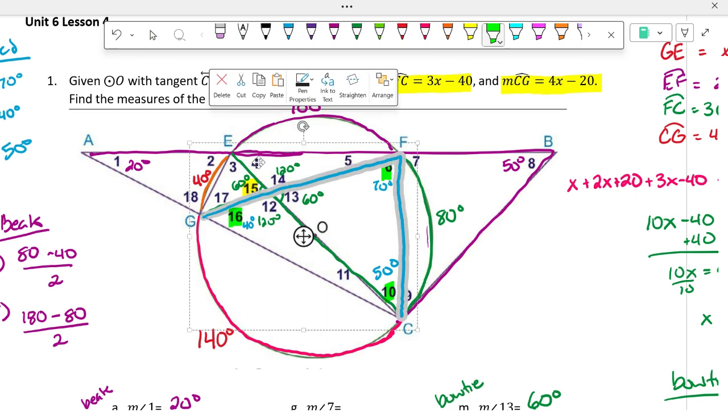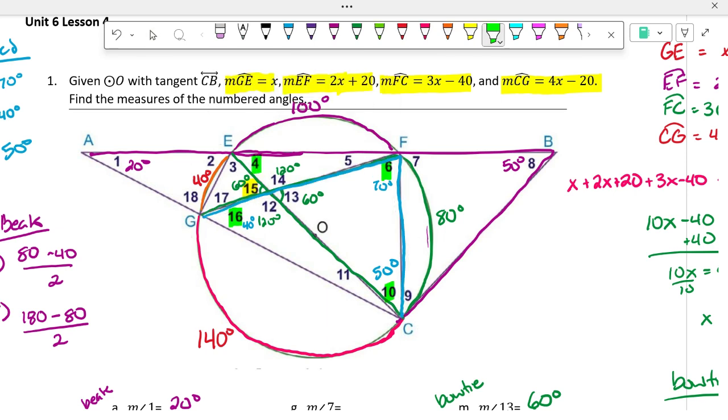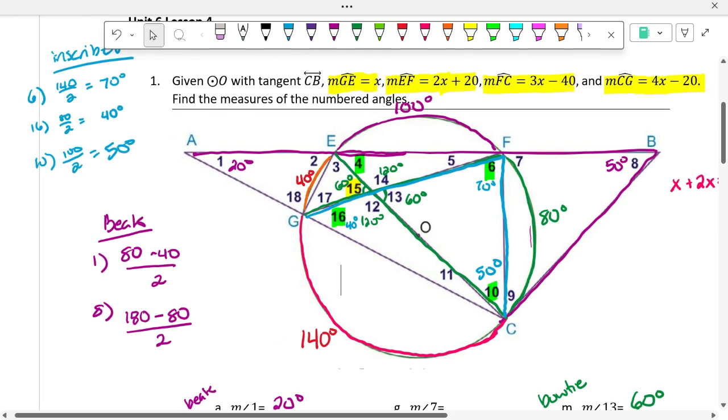Like Paul just said, 4 is also inscribed. So what's the intercepting arc for 4? 80. So if I just do 80 divided by 2, we just did that for 16, what would I get? 40.